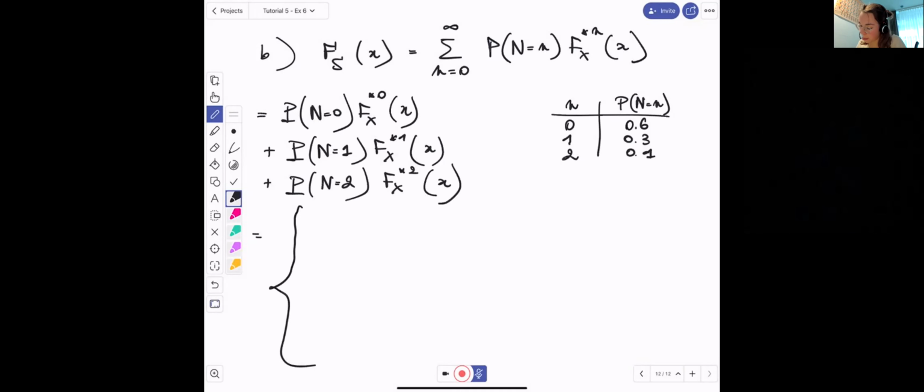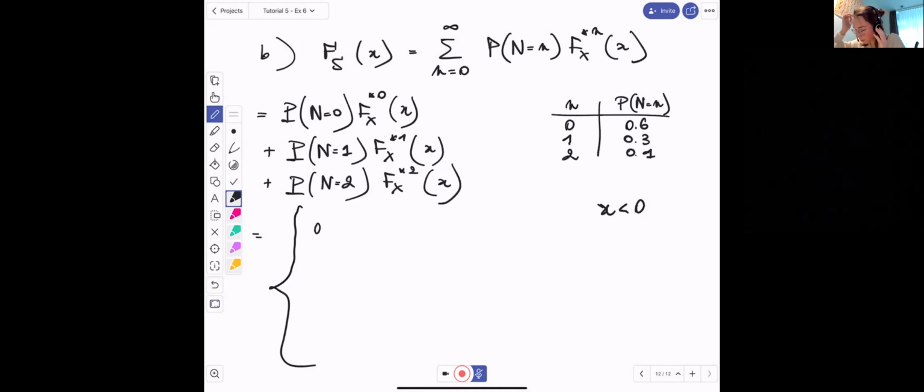In the first case, x was smaller than 0. Our zerofold convolution takes a value 1 if x is larger than or equal to 0, and it takes a value 0 when x is smaller than 0. So we have 0 for the first part.